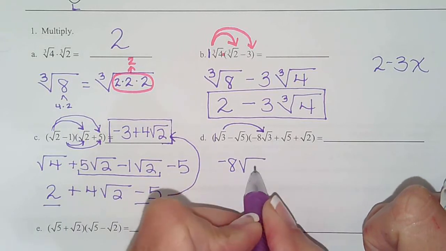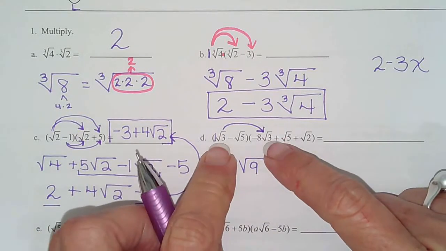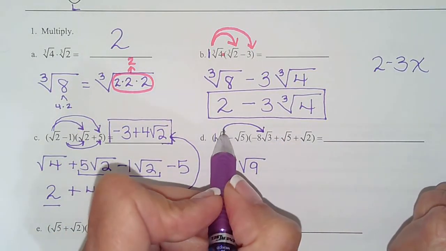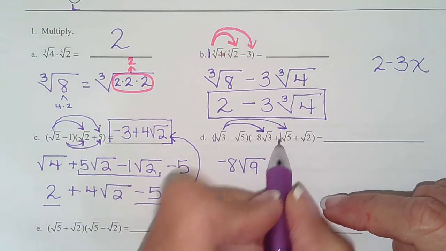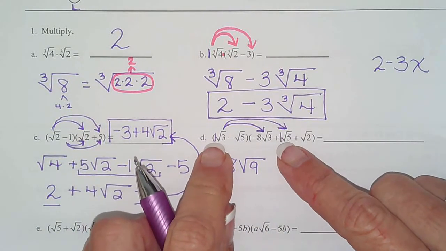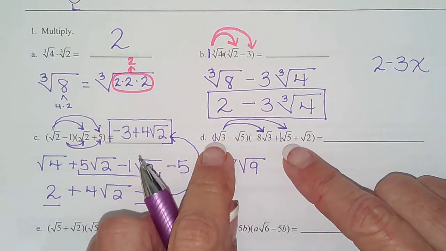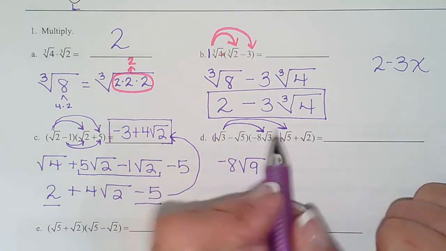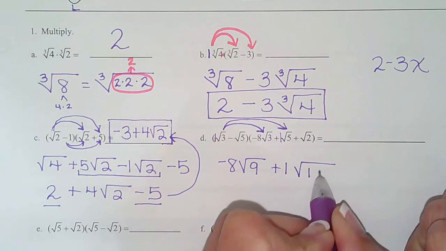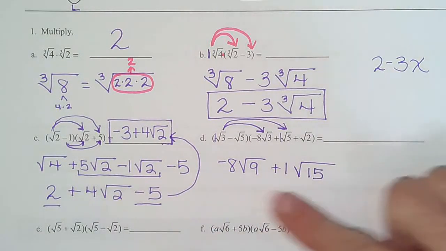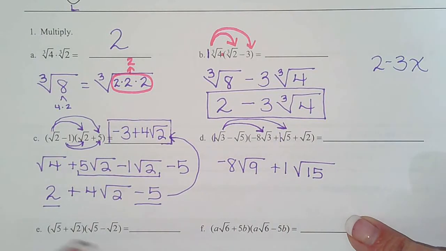So we multiply the outer numbers, then we multiply what's under the radical. Next, we have to distribute to the second term, and that again has a 1 in front. So 1 times 1 is 1, so it'd be plus 1 radical 15. And in my final answers, I never put the 1 in front, but when I know there's going to be some like terms combined later, I do that.